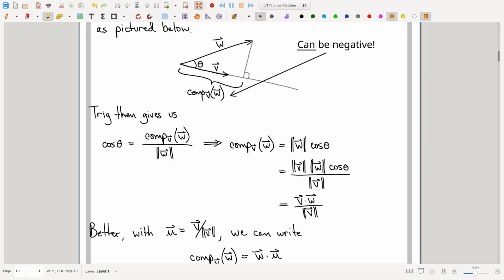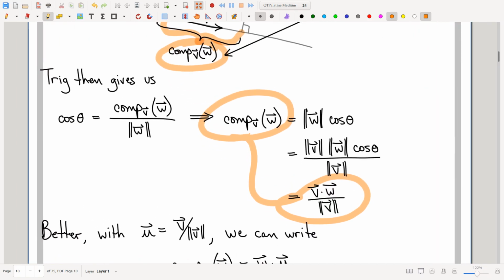And the punchline is the component, namely that scalar, is computed by that formula right there. All right. Another good formula to make sure you know. And more importantly, make sure you understand what the idea is that this formula computes for us.